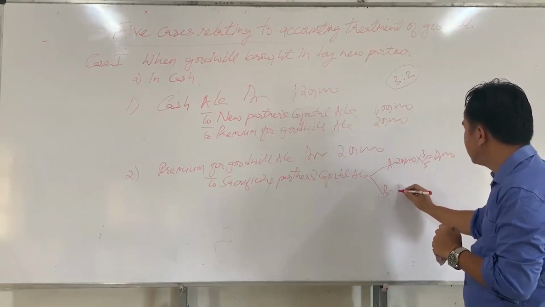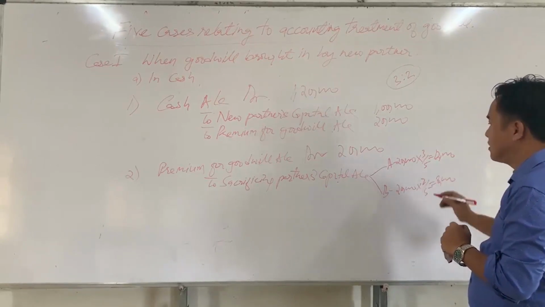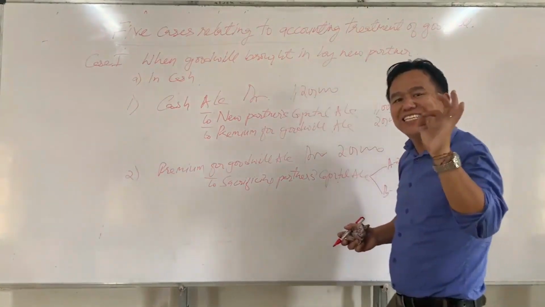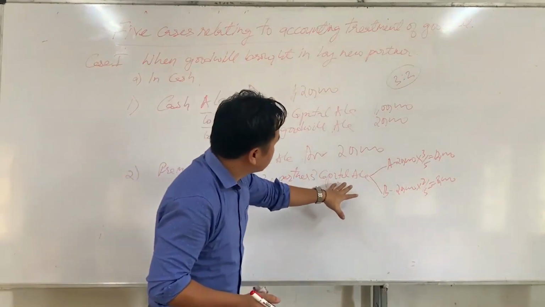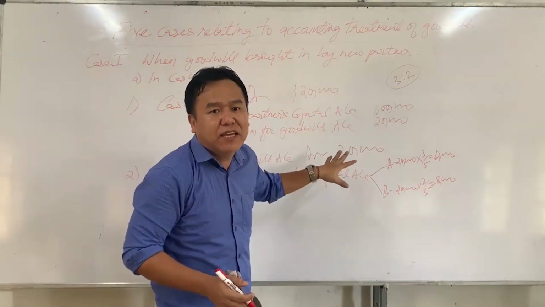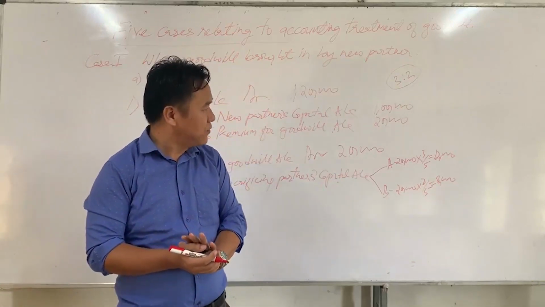And B gets 20,000 multiplied by 2 by 5, so 8,000. Is that clear for you? Now why is sacrificing partners' capital account credited here? Because premium amount is transferred to sacrificing partners' capital. Thereby their capital will be increased. If their capital increases, then it should be credited. Is that clear for you?